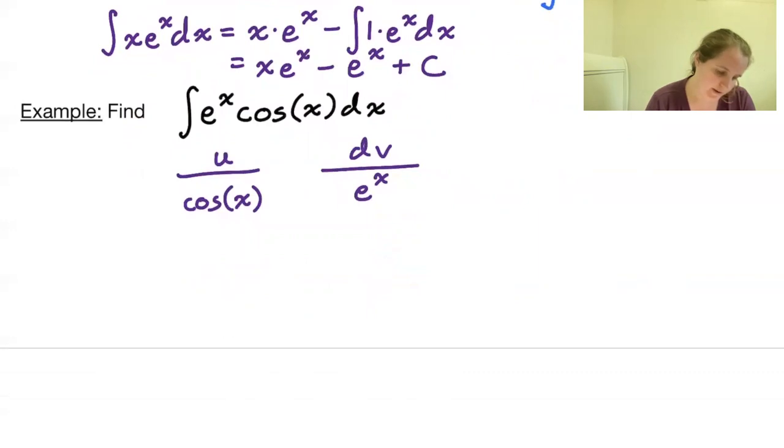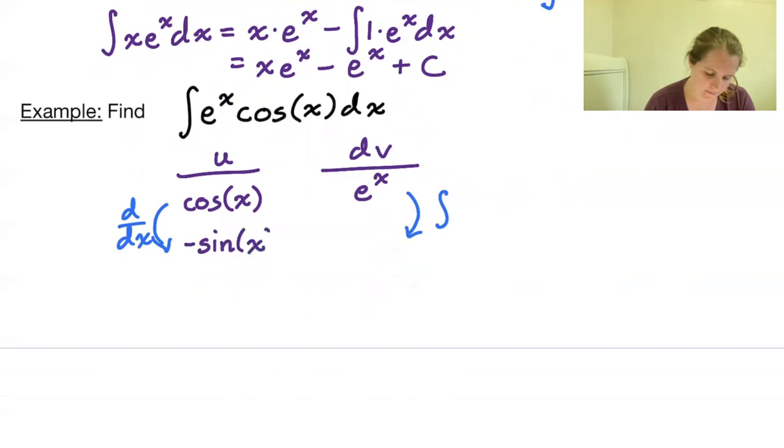Taking the derivative, going down on the left and integrating on the right. On the left, we have negative sine of x. And on the right, we just have e to the x.